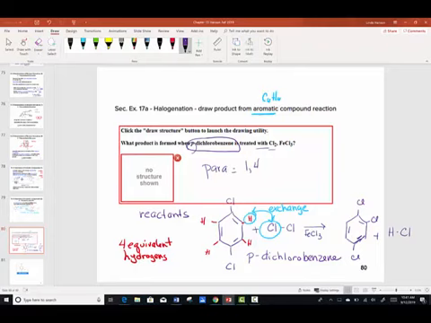So these 2 have exchanged places. I end up now with 1,2,4-trichlorobenzene. No longer does the ortho-meta-para work because I don't have just 2 chlorines anymore. I have 3, so all must appear in the name.